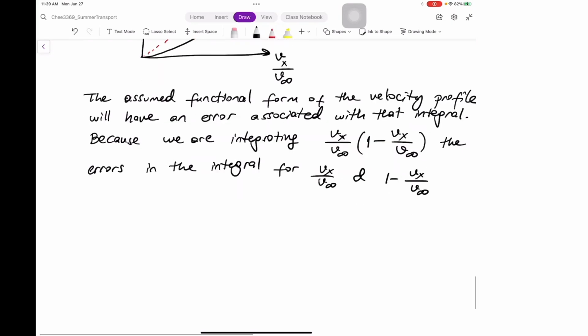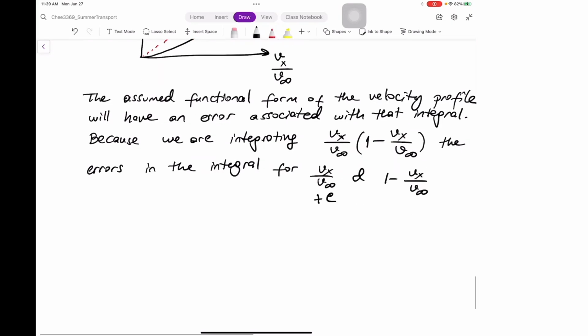So if the error associated to this is plus E, the error associated to this is going to be minus E. So they actually would cancel up to quadratic terms, right? If the error is, for example, 0.1 and minus 0.1, after multiplication, the error is going to be something around 0.01. So it's going to scale with the square of the error, which is going to make the error smaller, right? Let me show you algebraically.